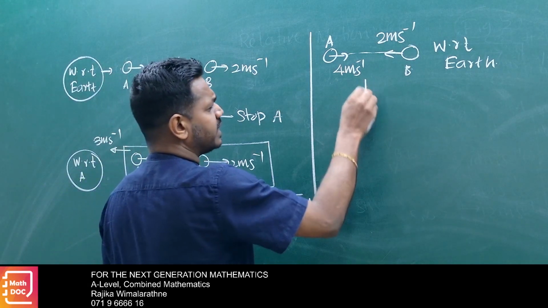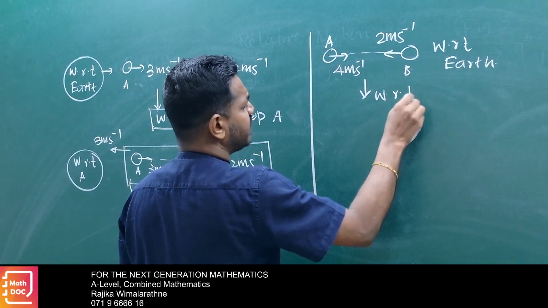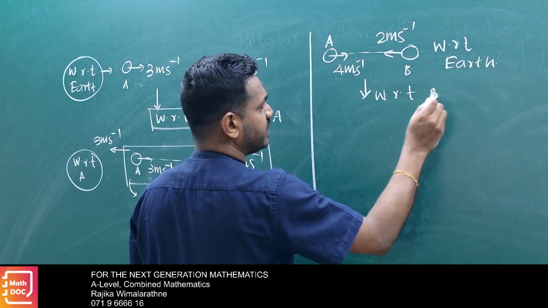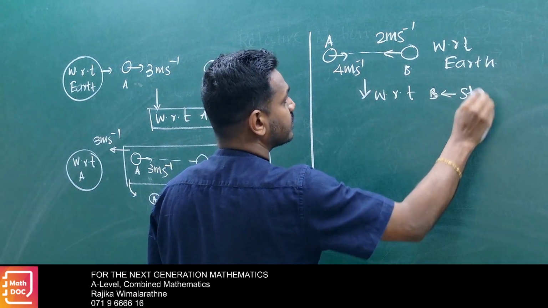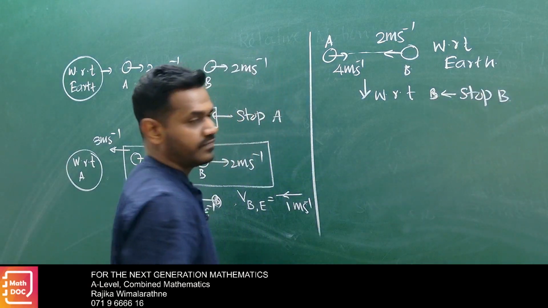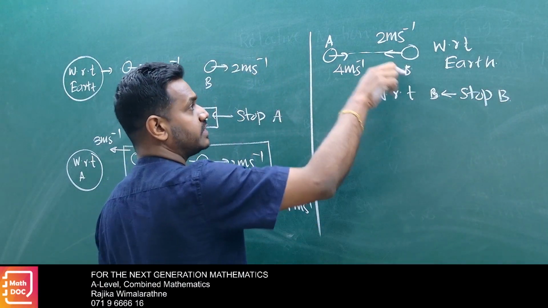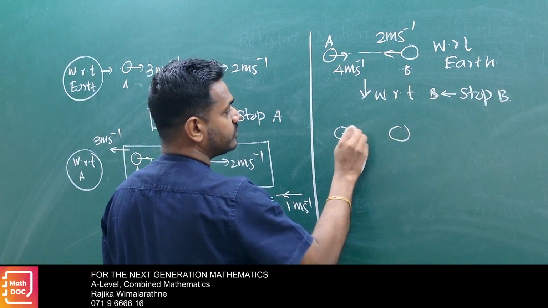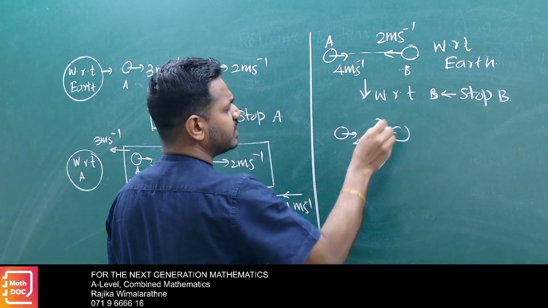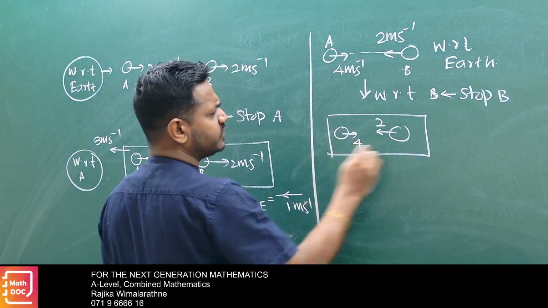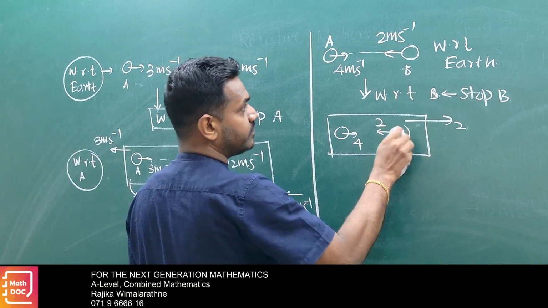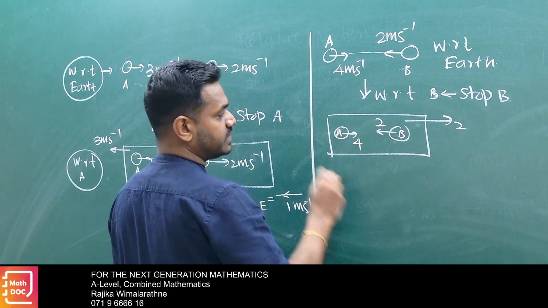Now let's see how to get the velocity with respect to B. That means you have to stop B. To stop B, you give opposite direction 2 to the full system. Therefore this becomes 0.